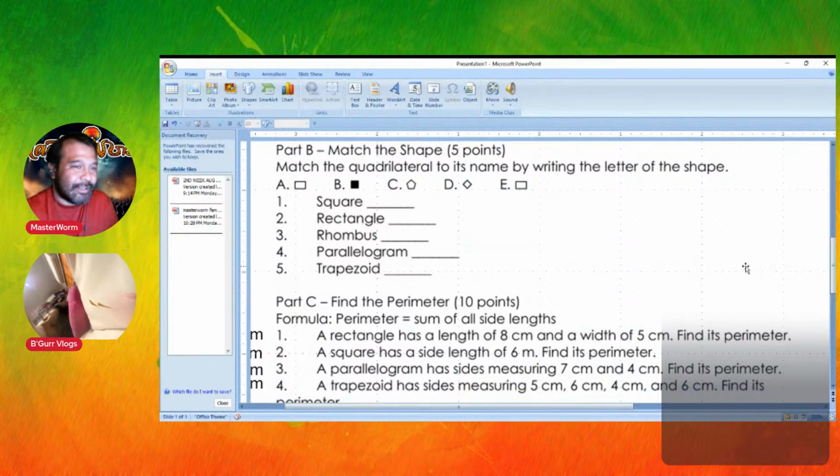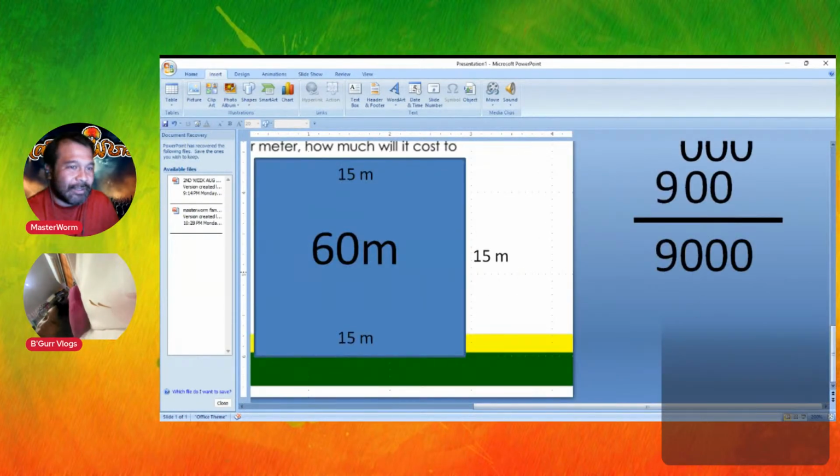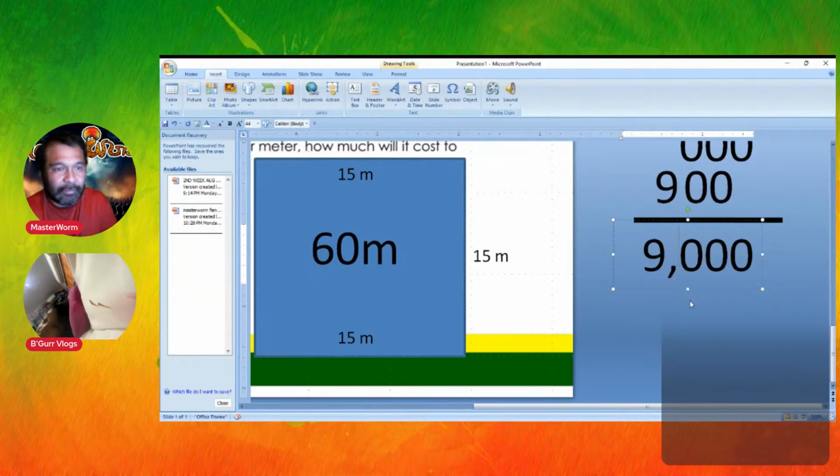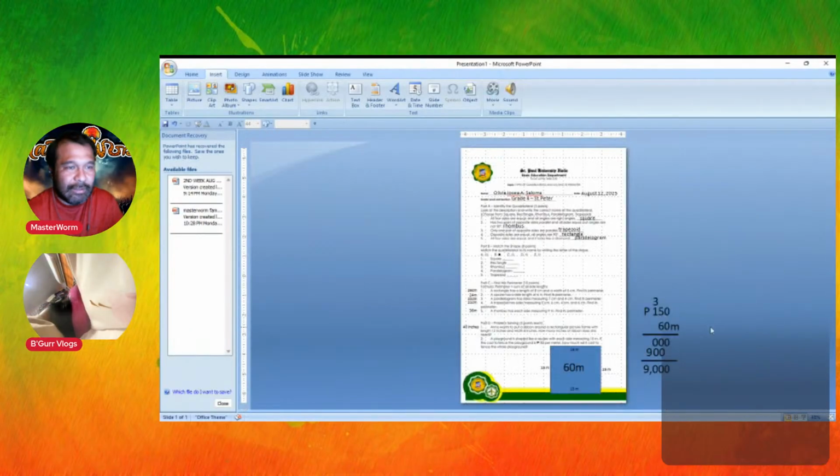So the answer is how much? What is the answer? 9,000. Okay, the answer is 9,000. Do you think you can answer the same when the teacher asks you?